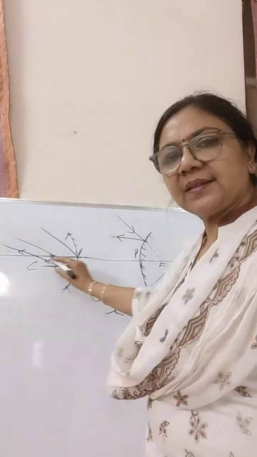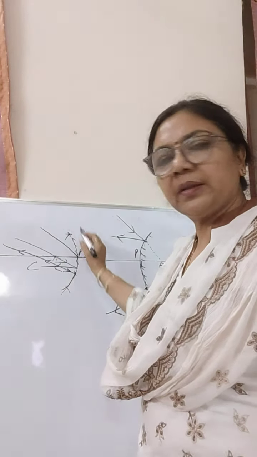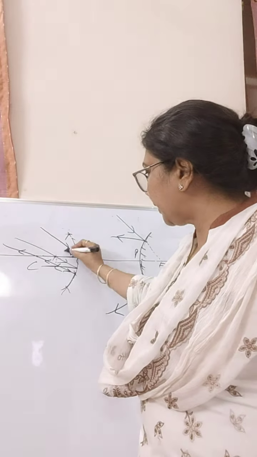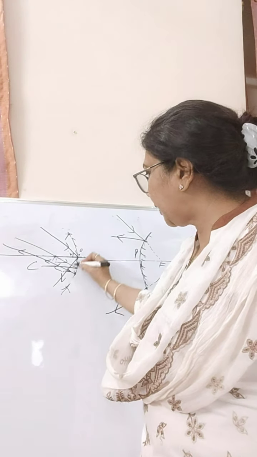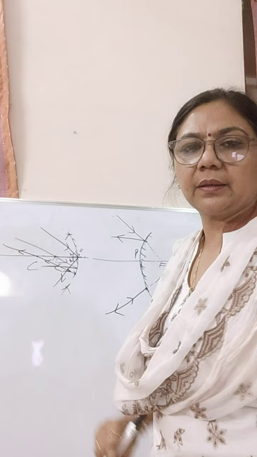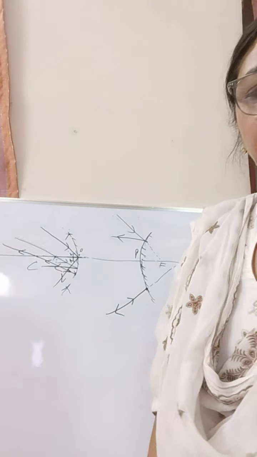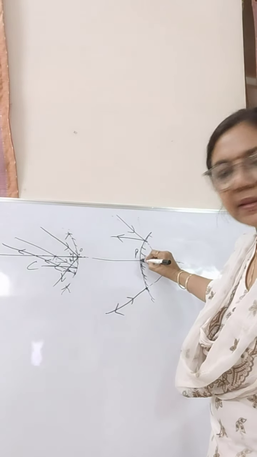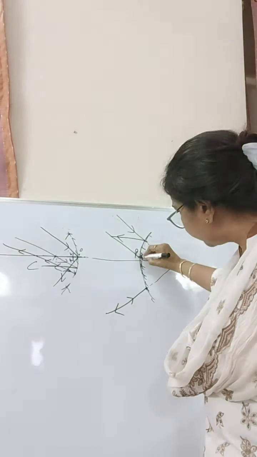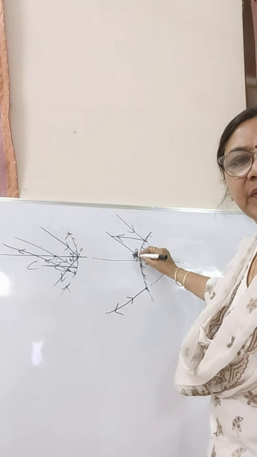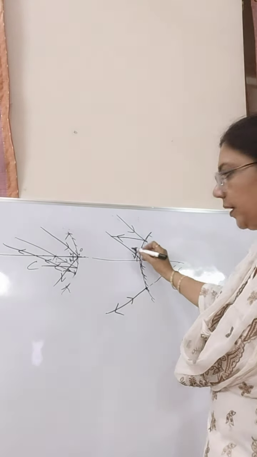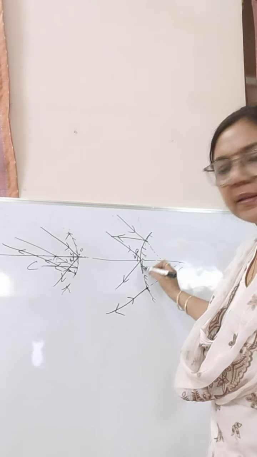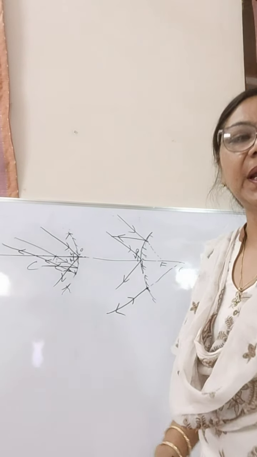Because the principal axis is perpendicular or normal to the surface, this angle I, the reflected ray will make an equal angle with the principal axis, angle R. Remember that the reflected ray will make the same angle. In the same way here also, if the ray is incident on the pole like this, then the angle between the principal axis and the ray will be equal to the angle between the principal axis and the reflected ray. But generally we avoid this rule.